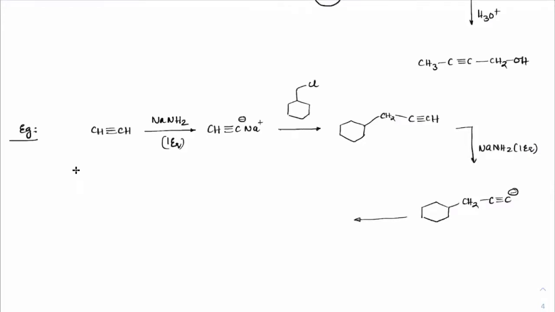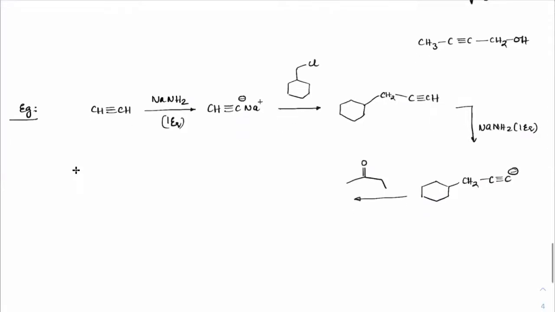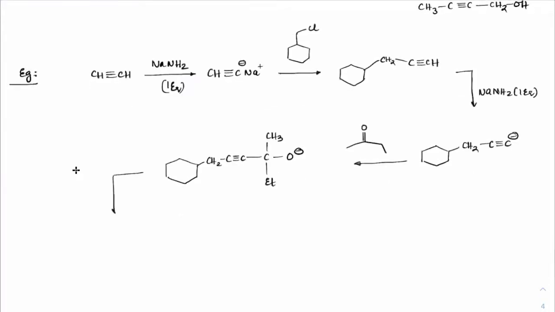With this, if we treat with ketone, 2-butanone, you will get a product this way: CH2 C triple bond C combining with carbon with one CH3, one ethyl group and one O minus, which on hydrolysis will finally give the same product with OH.